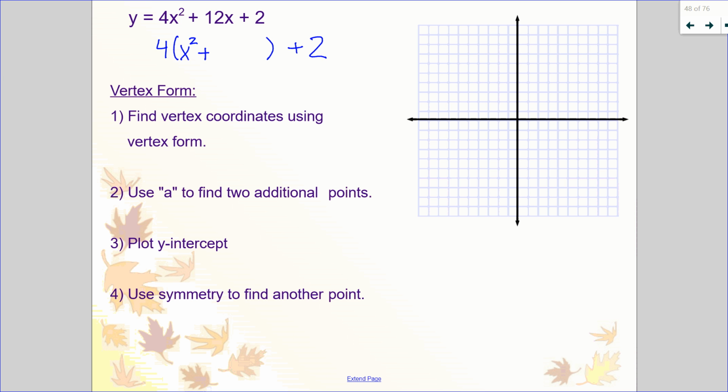What would the x term be on the inside? Since you have 3x underneath. Okay. Divide by 2, so it's 3 over 2. Square the whole thing. 9 over 4.